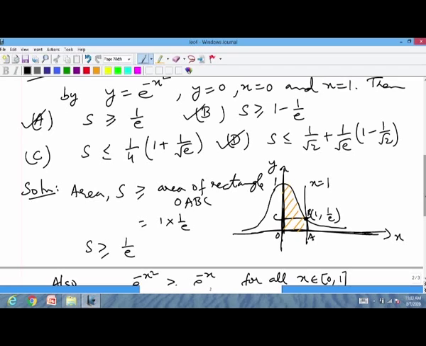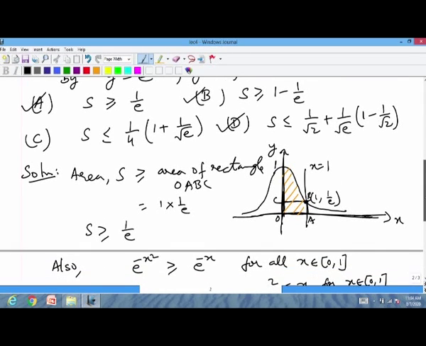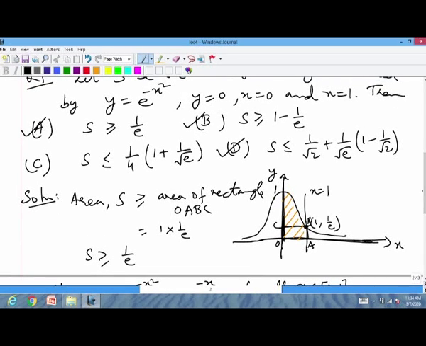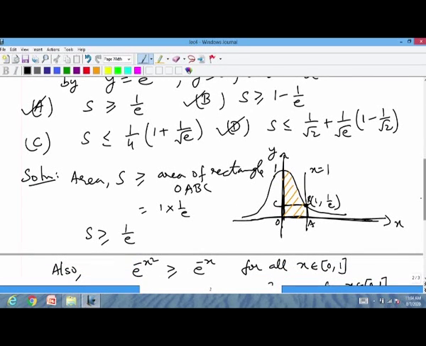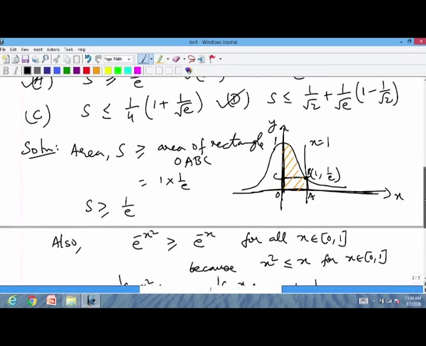Let us try to see if C is correct or not. Option C is saying that S is less than or equal to 1 by 4 times 1 plus 1 by square root of e. We have already seen that S is greater than or equal to 1 minus 1 by e. So, let us see whether this quantity is less than or bigger than 1 minus 1 by e.